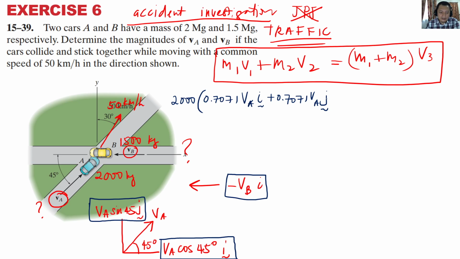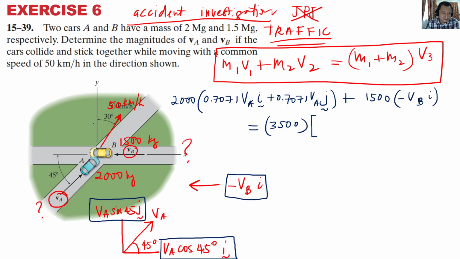This can be very long. Plus M2, which is 1500, negative VB i, equals 2000 plus 1500, so 3500.